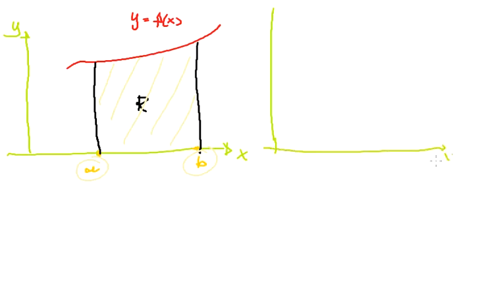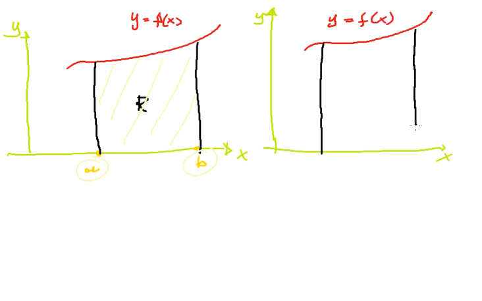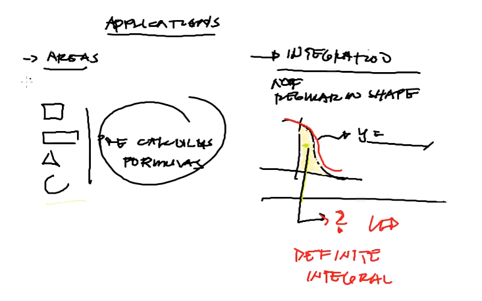Let me redraw it again. Some function y is equal to f of x from a to b. Using our precalculus, we know how to find the area of basic shapes, right? Like this square, and for this instance, let's try this rectangle here.